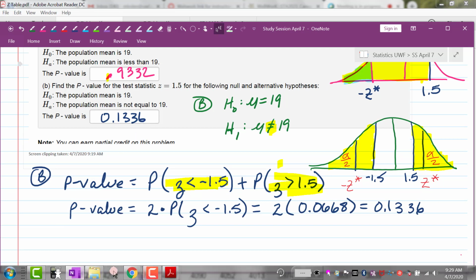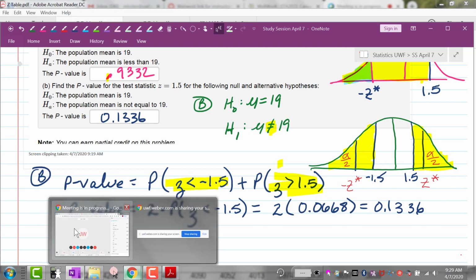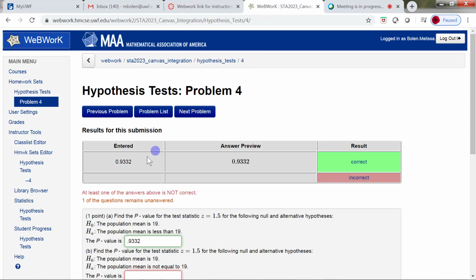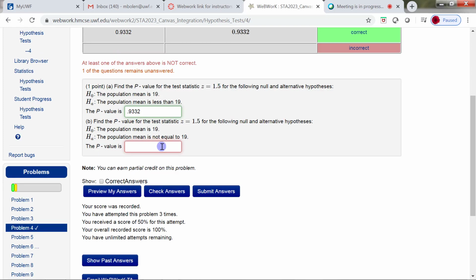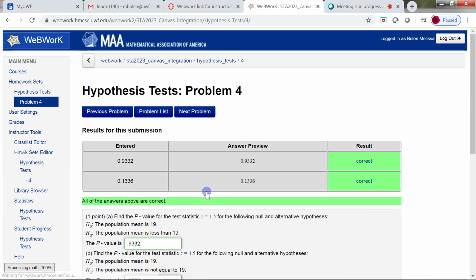Come back in here, 0.1336. Submit answers. And we're done.